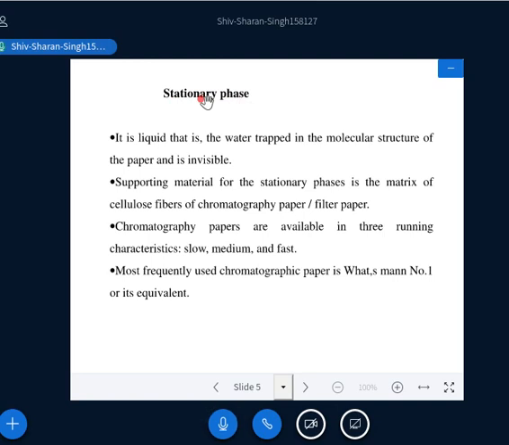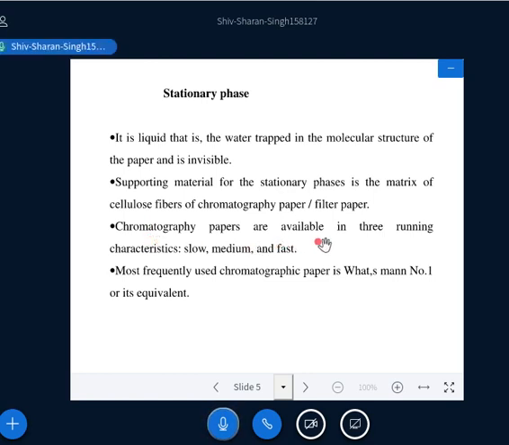The water is absorbed by the cellulose paper and makes a very fine film over the surface of the paper. So this is the stationary phase, and the organic solvent known as the mobile phase runs over the stationary phase. The supporting medium for the stationary phase is basically chromatographic paper or filter paper, right?